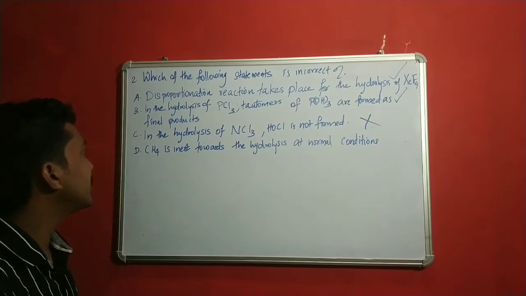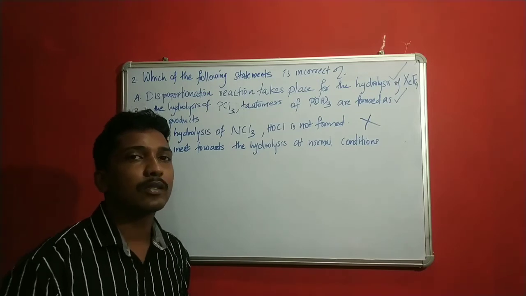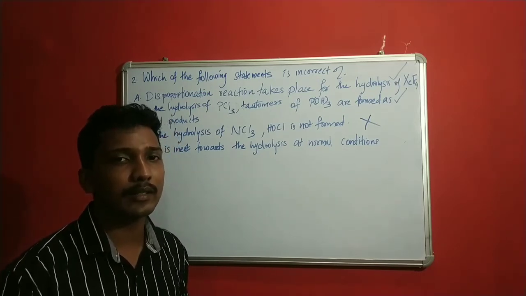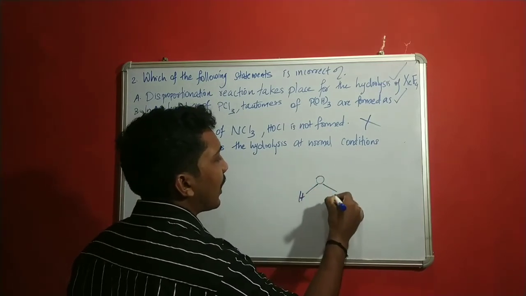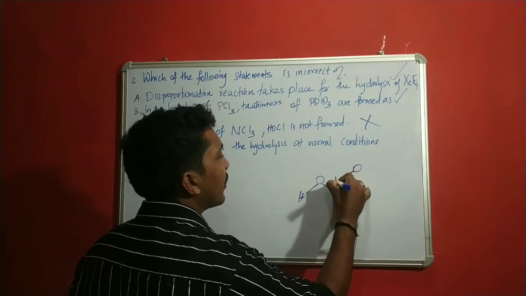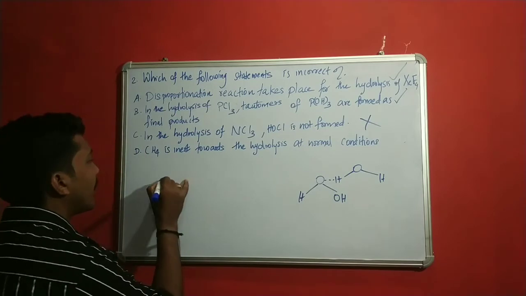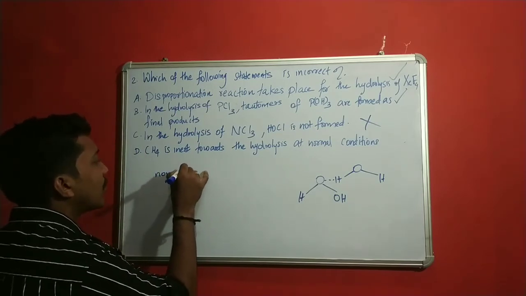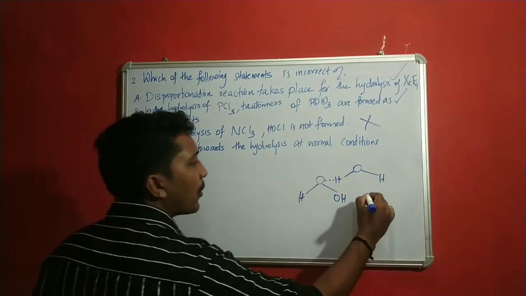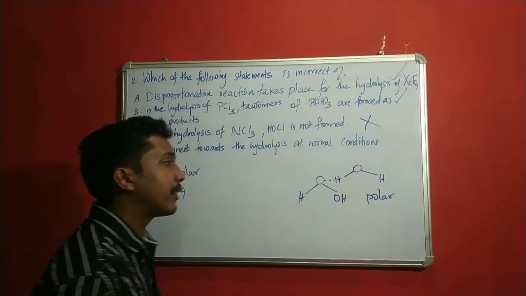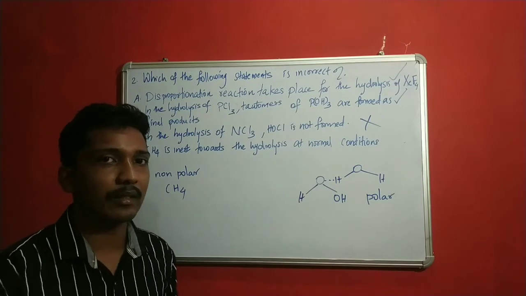Option D says CH4 is inert towards the hydrolysis at normal conditions. When something is getting hydrolyzed, it means that we have to break the hydrogen bonding in the water molecules first. So when non-polar molecules like CH4 interact with polar molecules like water, we cannot expect any interaction there.